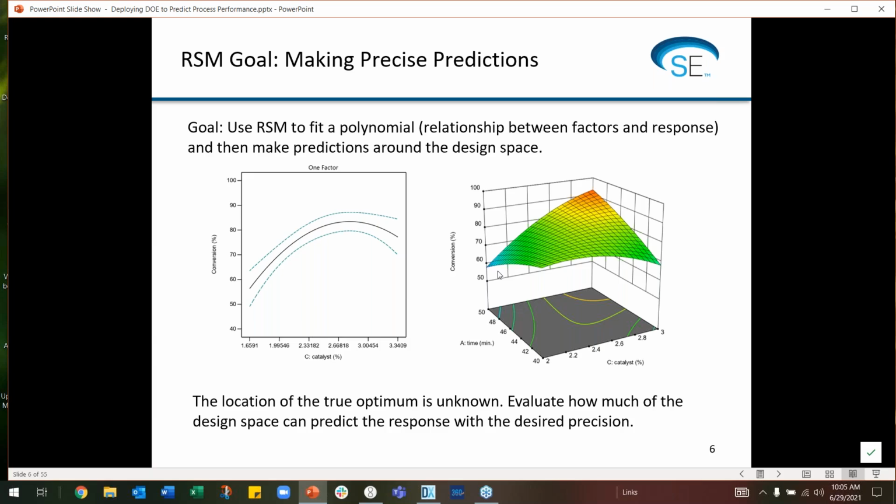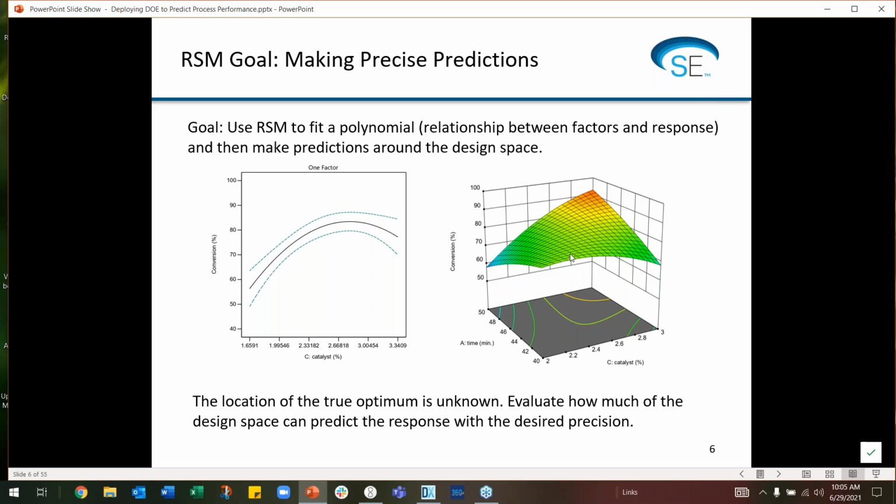When we go to multiple factors, we can model that in 3 dimensions with something like this. And we are interested in making predictions all along the factor range, whether that's in one dimension or in multiple dimensions.